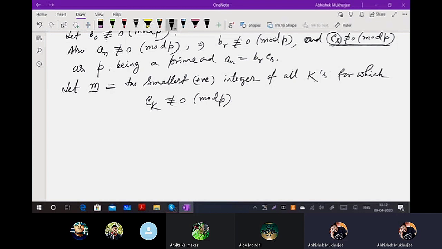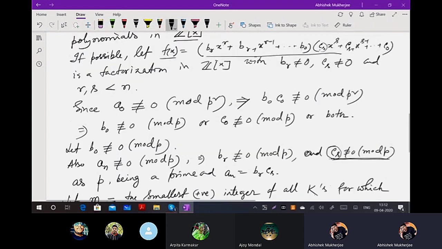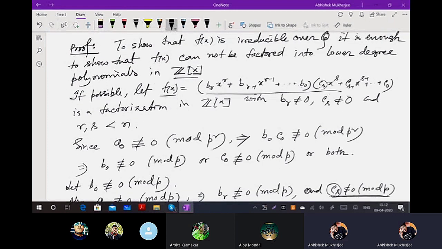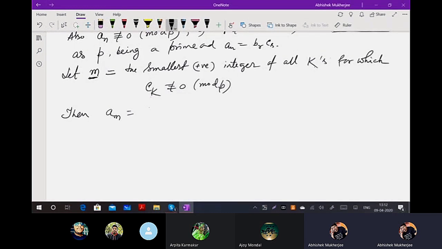And for that reason, if we execute the product of these polynomials, then we find that a_m must be of the form b_0 c_m + b_1 c_{m-1} + ... + b_{m-i} c_i for some i such that 0 ≤ i < m.